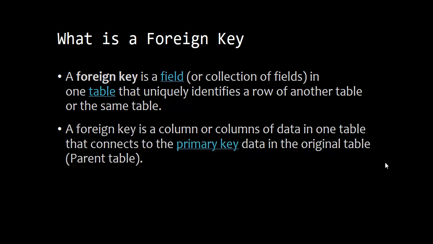But basically, a foreign key is a column in a table that's going to refer back to the primary key of the parent table. I'm going to say this one more time and use the word child in here. A foreign key is a column of data in one table, the child table, that connects to the primary key data in the original table, which would be the parent table, thus the parent-child relationship.